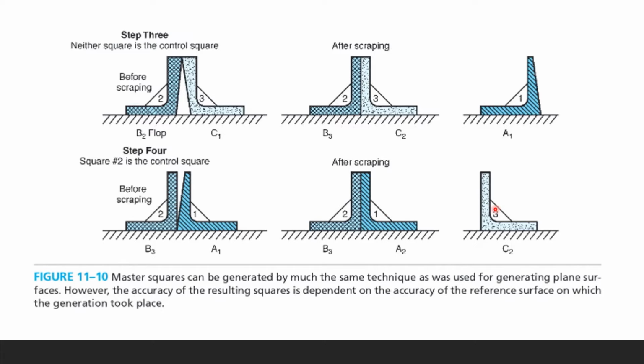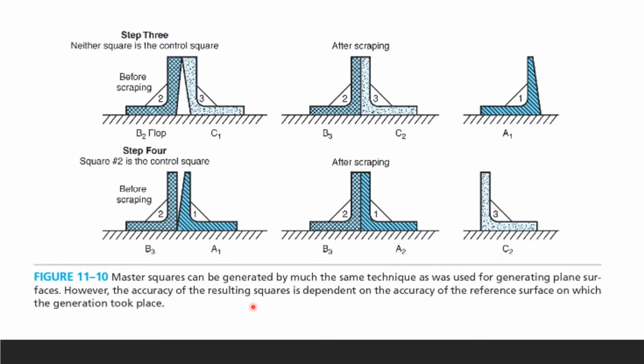This is just trying to tell you how we make the right angle. So same as your surface, we're going to start doing it by agreement in between. And we always choose a control. Okay, the control is the one that you measure the other parts' agreement against.